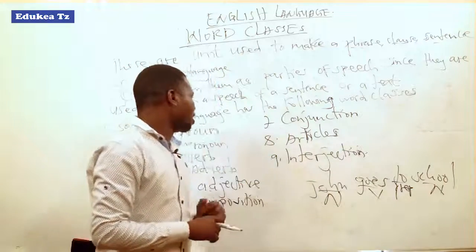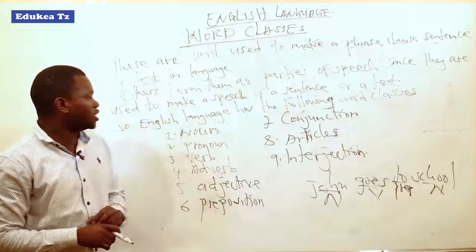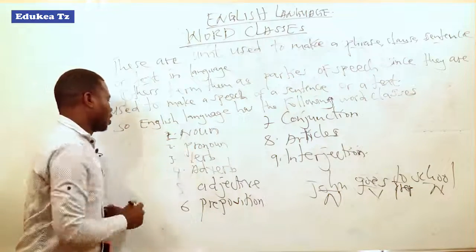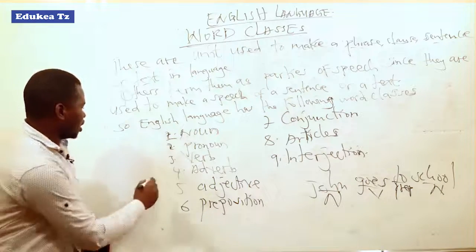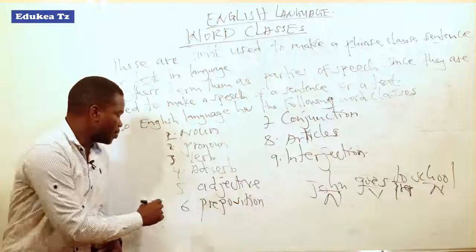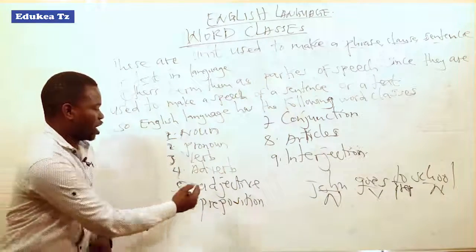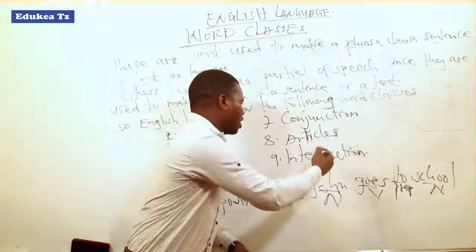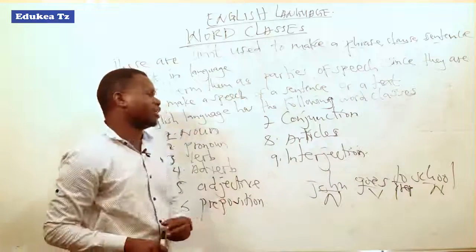So in English language, as our subject, English language has the following word classes. Number 1, we have noun. Number 2, we have pronoun. Again, we have verb. Number 4, we have adverb. Again, we have adjective, preposition, conjunction, articles, interjection, and the last.